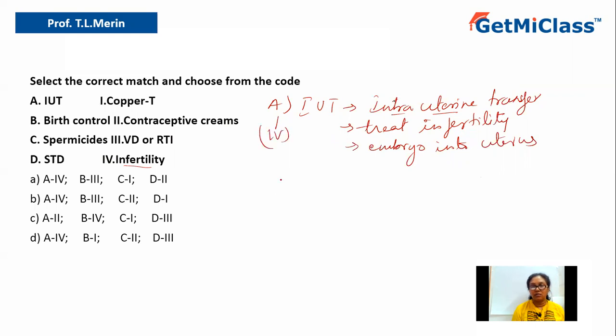Now option B, it says birth control. So what do you mean by birth control? Birth control is nothing but a contraceptive method by which control of the birth of the baby can occur.